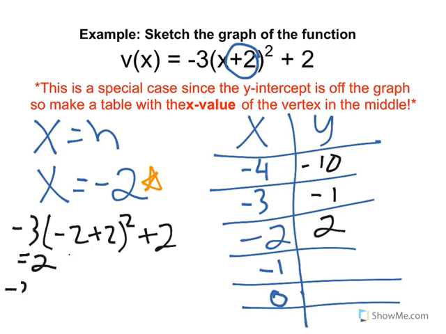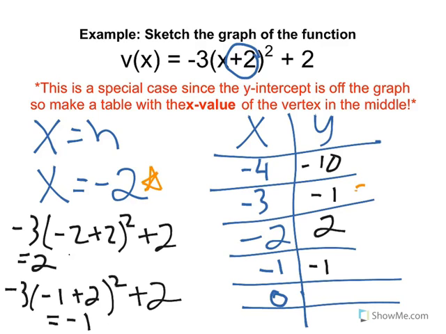So then we can have -3 times -1 plus 2 squared plus 2, and that's going to give us -1. So, like we've done before, these tables should start to repeat, and we see that happening because we had -1, -1. So that means down here should be -10. But that's only going to repeat if you find that x value first and put it in the middle.